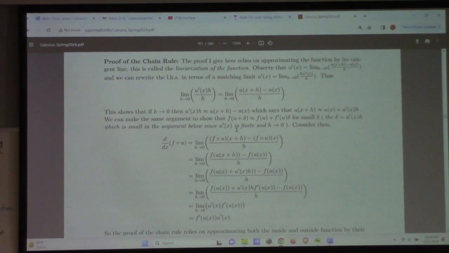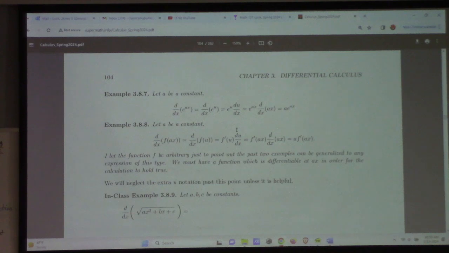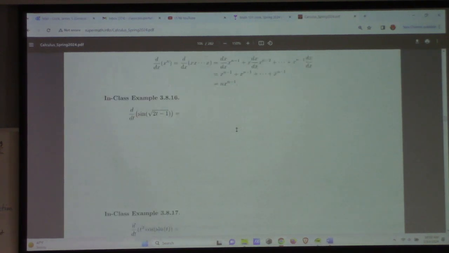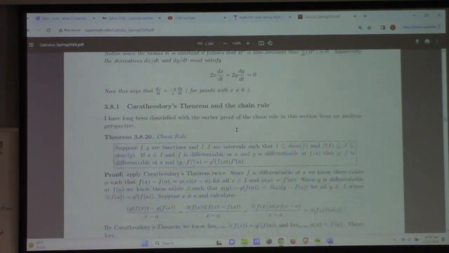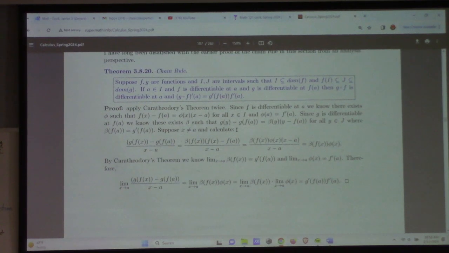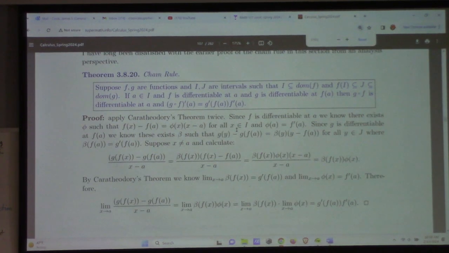It's mostly correct. The proof at the end of this section over here I would say is slightly more rigorous if you're interested in that sort of thing.